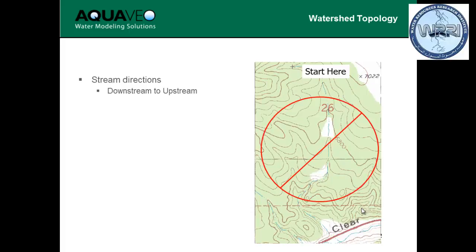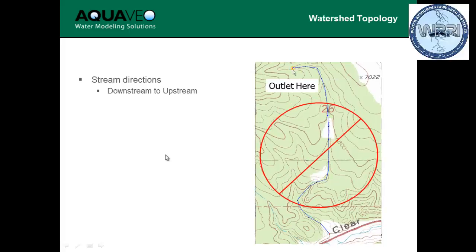What you don't want to do is start at the upstream end. You don't want to start up here and then draw down here, because if you do that, then WMS will create an outlet point at this location. When you create a stream, if the stream is not connected to any other streams, WMS will automatically create an outlet at the downstream end of that stream. So when I create a stream, it's going to create an outlet.